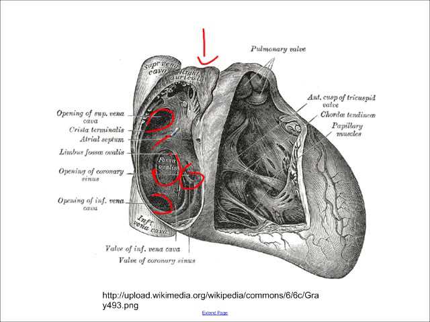But during embryonic development, fetal circulation went into the right atrium, right into the left atrium and out, while you're relying on a lot of blood and circulation from the mother. While the lungs were developing, we don't use them for gas exchange. So this is just a remnant of embryonic development. So that's the right atrium.